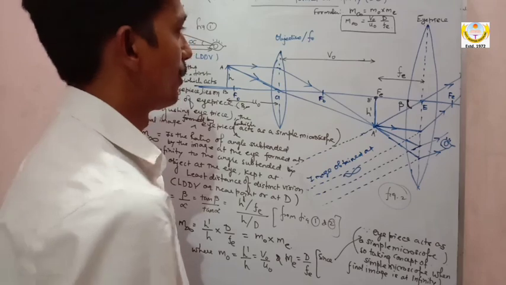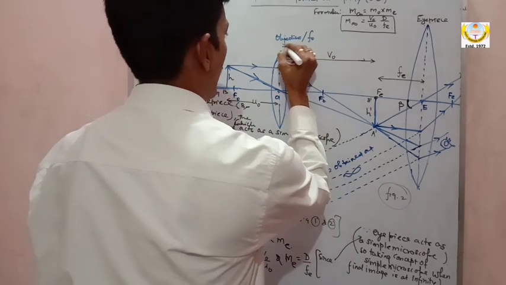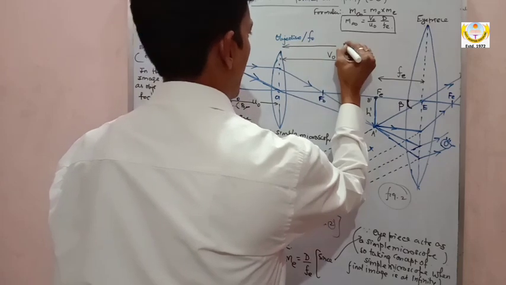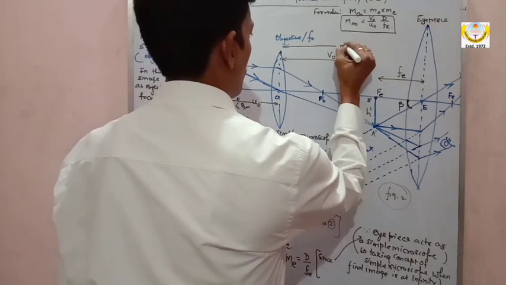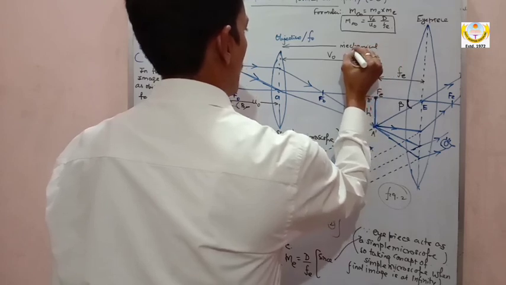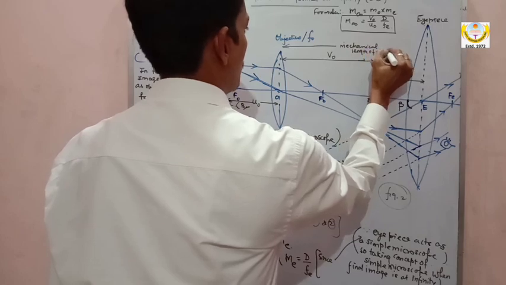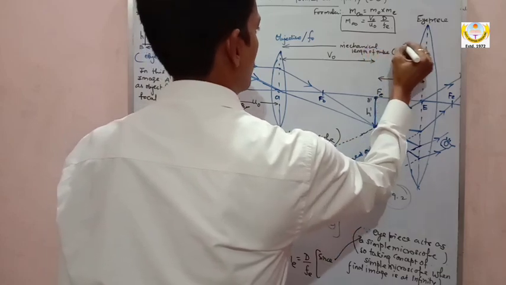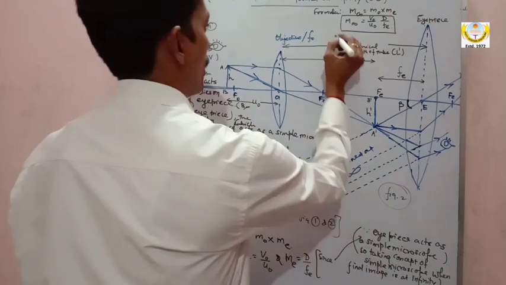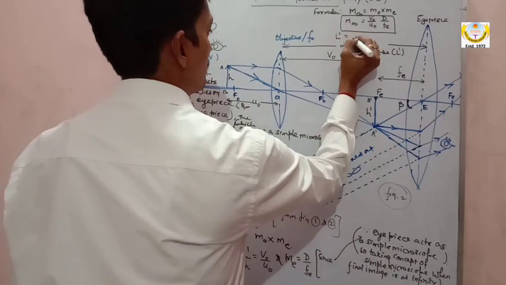And here, what is the length of the tube? Here to here is the mechanical length of the tube, that is L dash. So how much is L dash in the diagram for infinity?